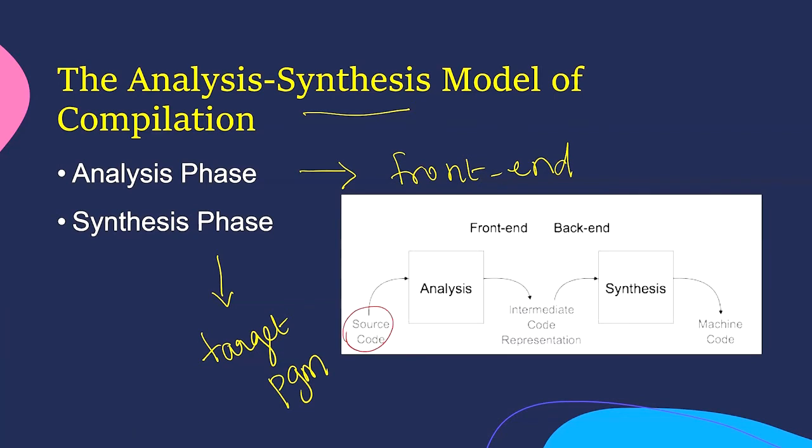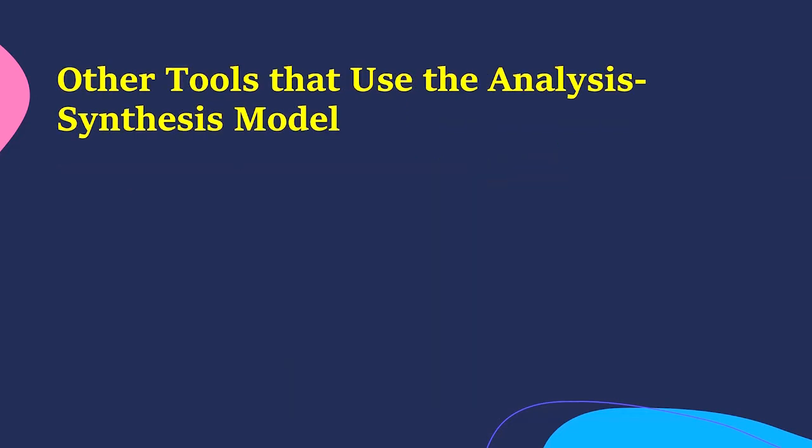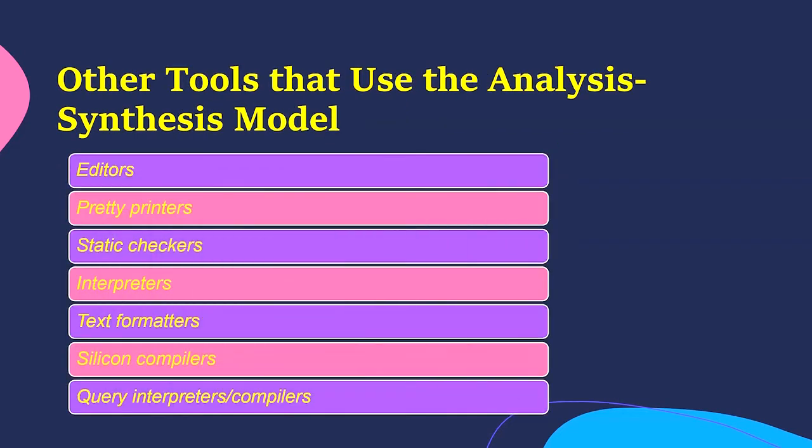The analysis part takes the source code and produces intermediate code as an output, along with that, it produces symbol table also. Both are given to the synthesis part, and this synthesis part produces machine code as the output. The other tools that use the analysis and synthesis model are editors, pretty printers, static checkers, interpreters, text formatters, silicon compilers, query interpreters or compilers. Let us discuss these tools in detail in later lectures.